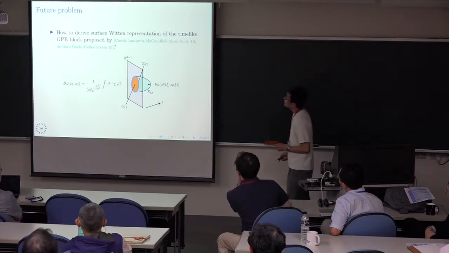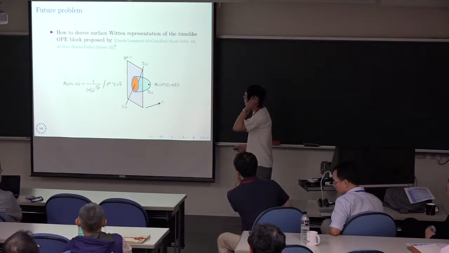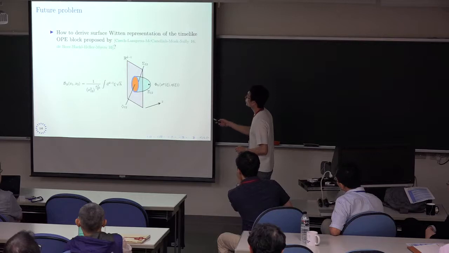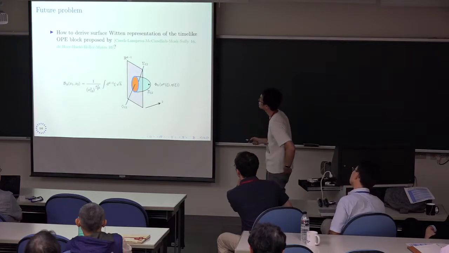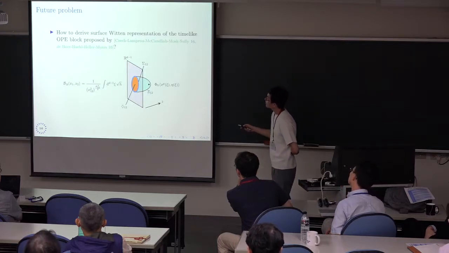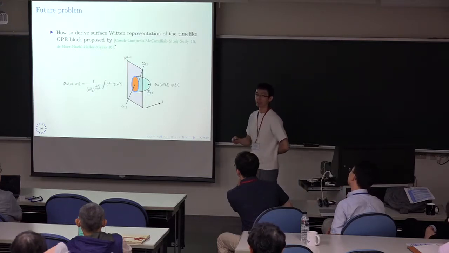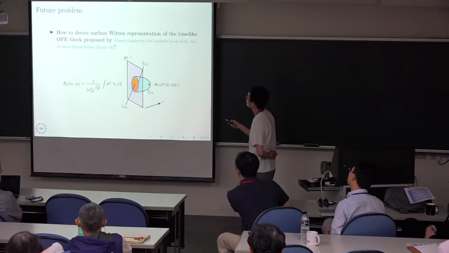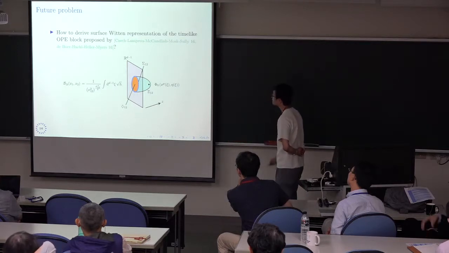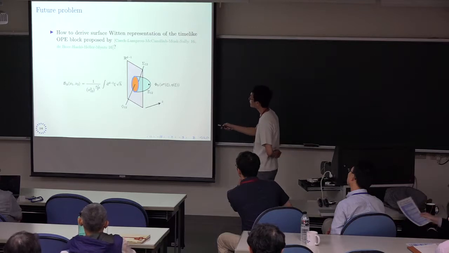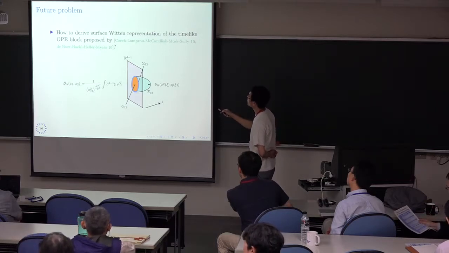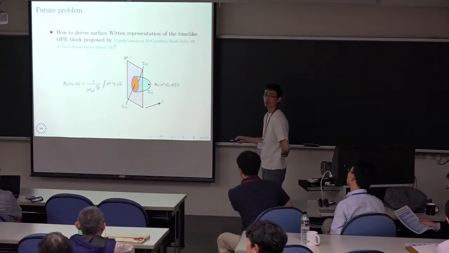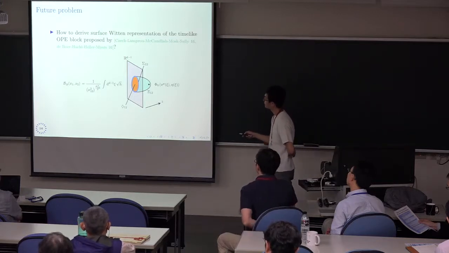There is actually another proposal for the timelike OPE block. This was proposed by a few collaborators a few years ago. They argue, without any derivation but based on some consistency, that the timelike OPE block can be calculated using the so-called Sharp-Witten diagram. The Sharp-Witten diagram is kind of curious.